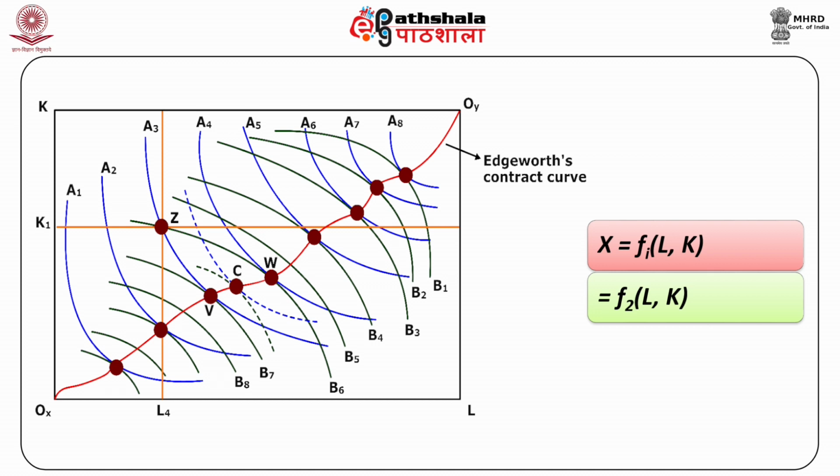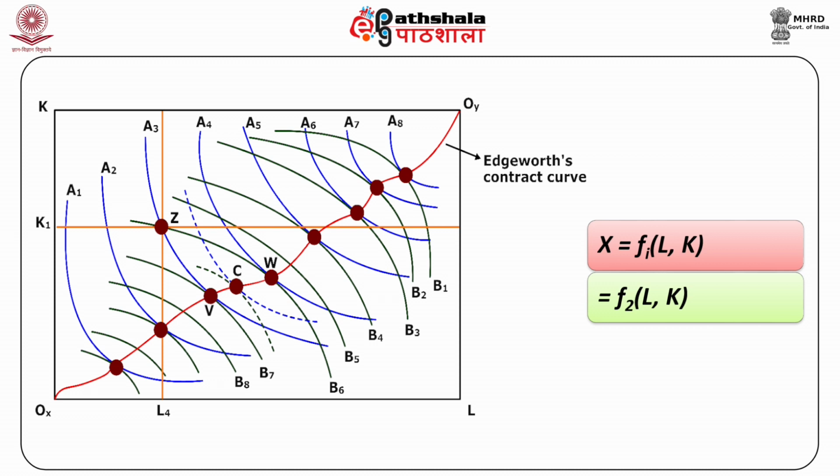Now as opposed to Z, suppose we were to consider the point W. At point W, A4, which is an isoquant for commodity X, is just tangential to the isoquant for Y, which is B6.